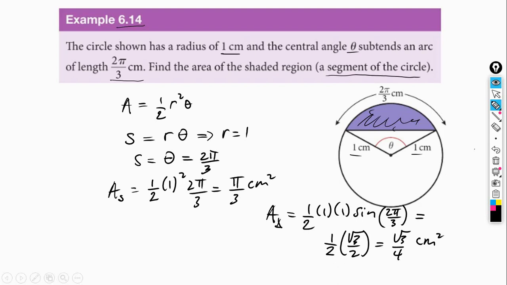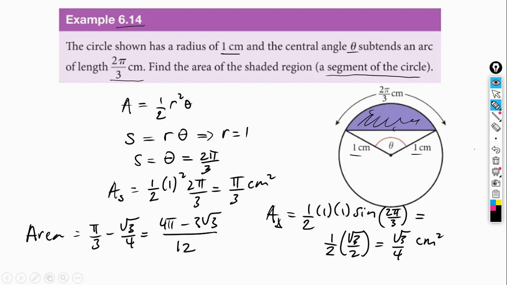So now we can do the subtraction. We know now that the area that we're looking for, the shaded region, is going to equal pi thirds minus square root of 3 fourths, which is the same as 4 pi minus 3 square root of 3 over 12.